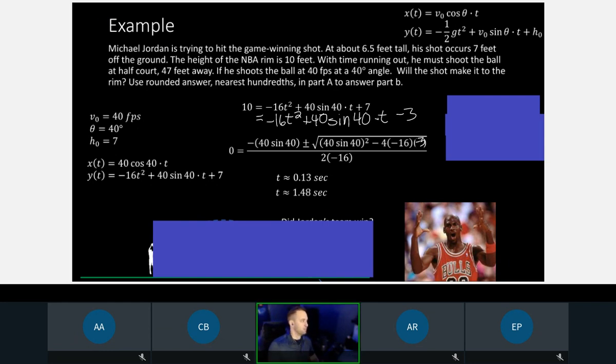All right, we're going to plug in that 1.48 seconds into your t. Now, in this case, you really don't want to use the exact value. I don't want you to put t as that entire quadratic equation. That would be crazy.